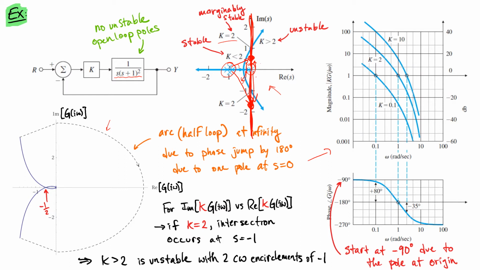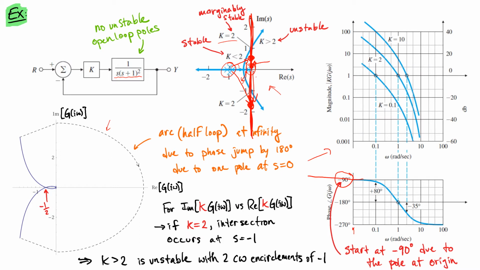So one of the consequences of the arcs at infinity is that this Bode diagram, effectively, in air quotes, starts at -90, because at this point, that's very, very close to the origin, but still non-zero frequency values. So that's this limiting value.